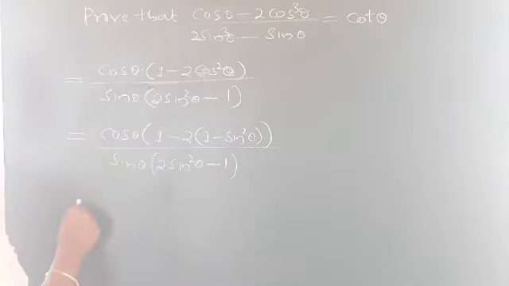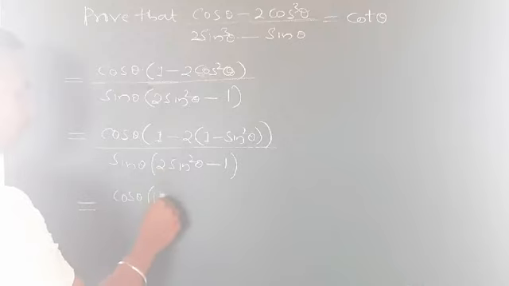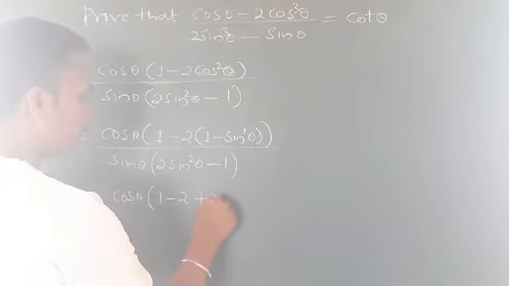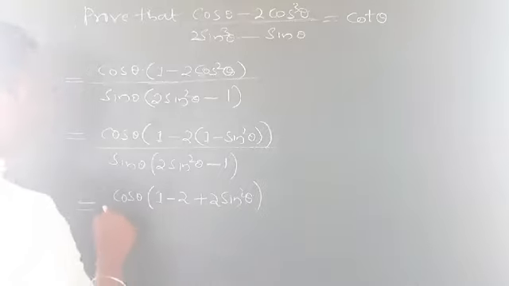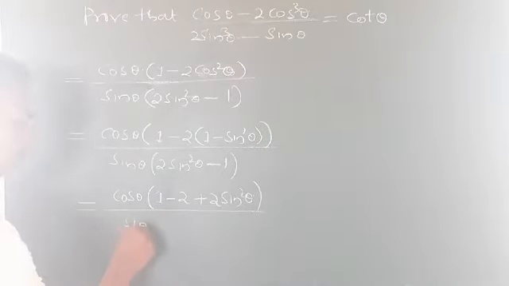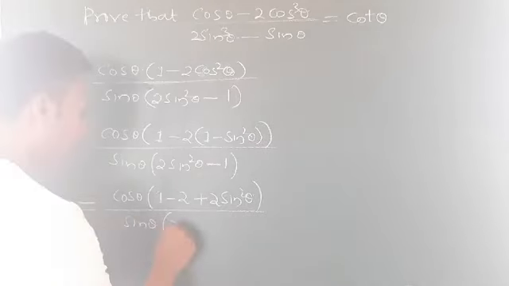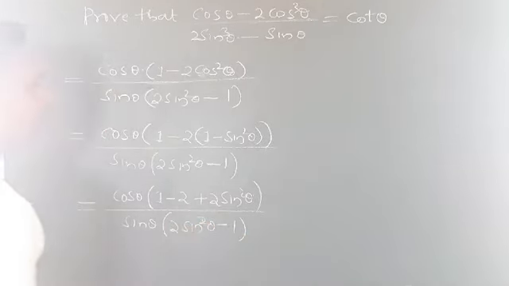Now the next step: you can see cos theta as it is. This 1 also as it is. Now this 2 can be multiplied inside. Once you multiply, minus into minus is plus 2 sin square theta. Again we have sin theta as it is, into the bracket 2 sin square theta minus 1, as it is.